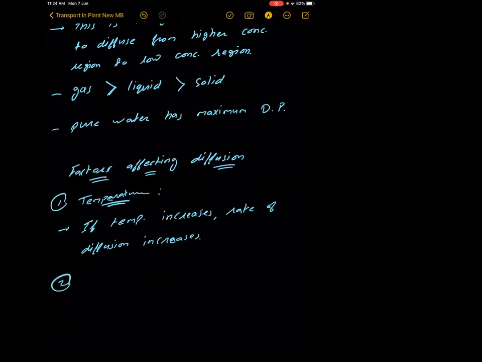Next, pressure. Pressure is also directly proportional. If we increase the pressure, the rate of diffusion increases.